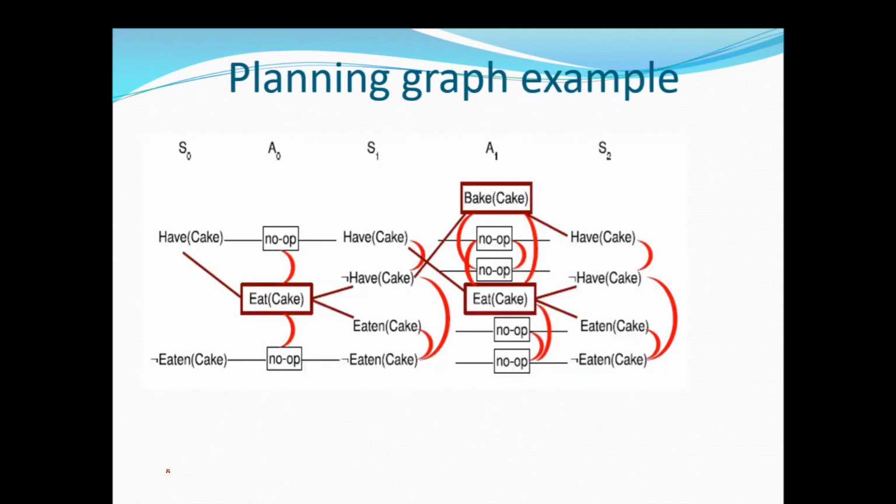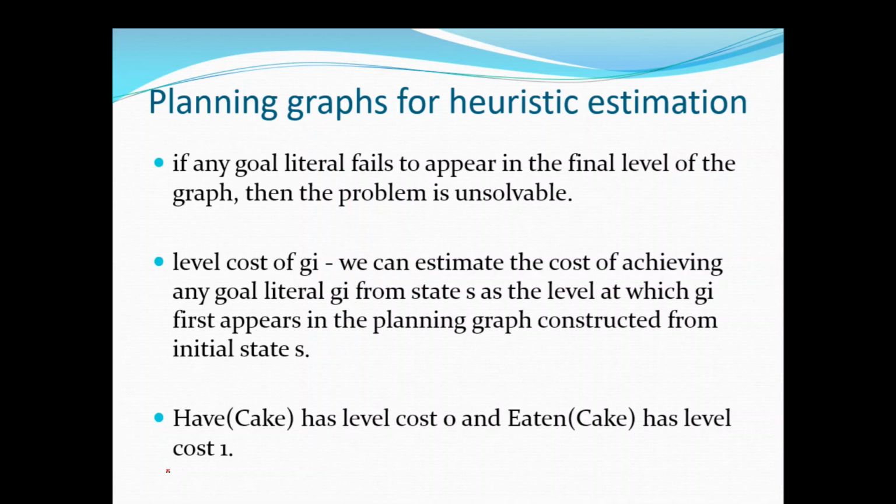Now let us try to understand how, from a planning graph, we can perform heuristic estimation. The planning graph contains rich information. The primary information it contains is, if any goal literal fails to appear in the final level of the graph, then that problem is unsolvable.